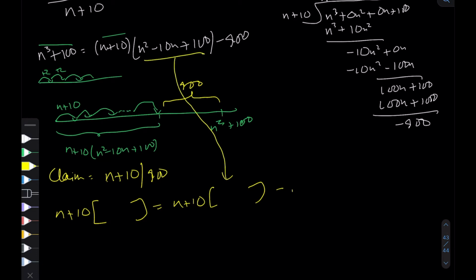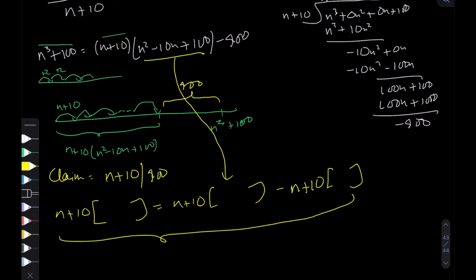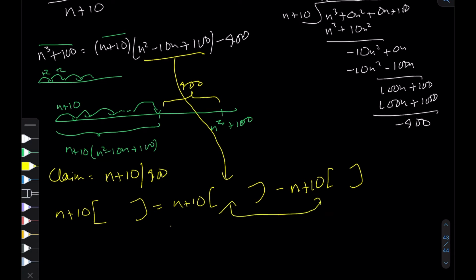If 900 is divisible by n plus 10, then 900 will be equal to n plus 10 multiplied with some integer. In other words, this whole equality is in terms of n plus 10. And so you can basically merge these two boxes, so that n plus 10 multiplied with something is equal to n cubed plus 100, and hence it will be a multiple.